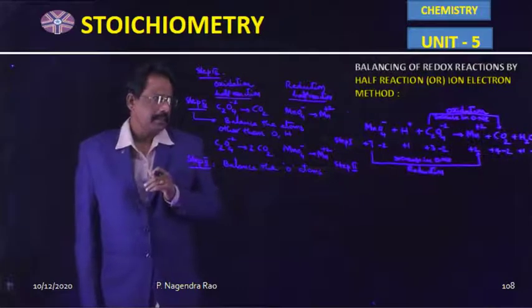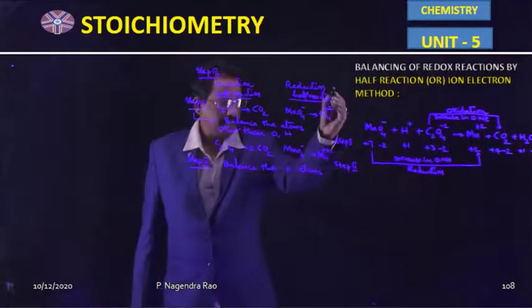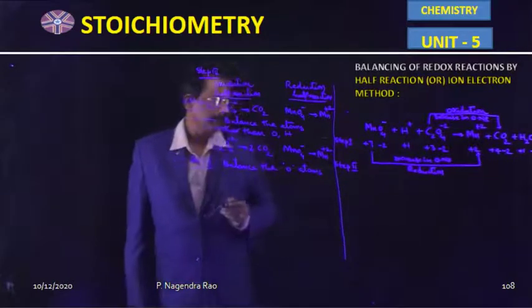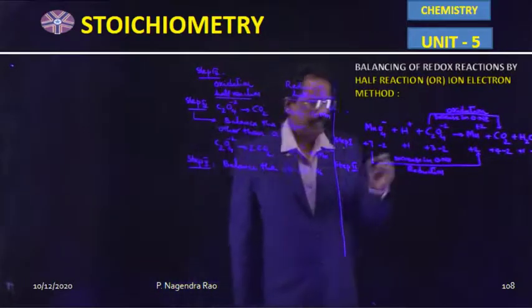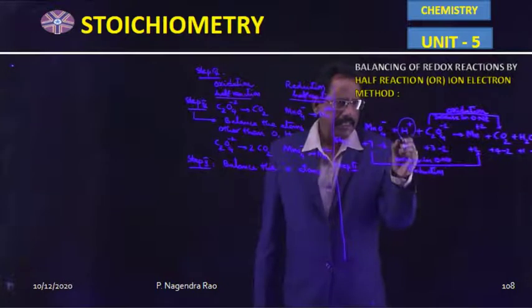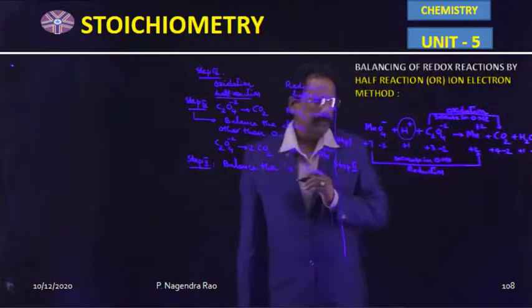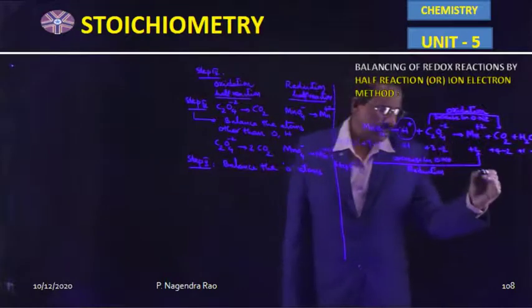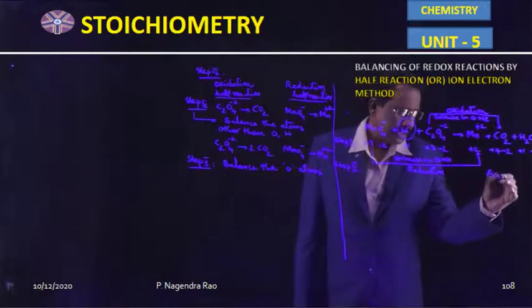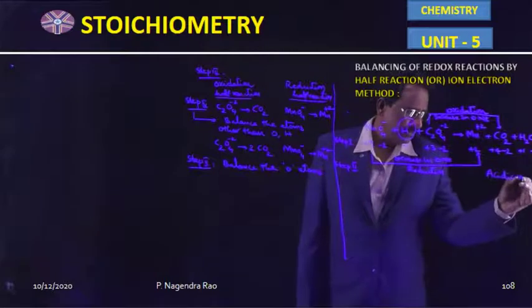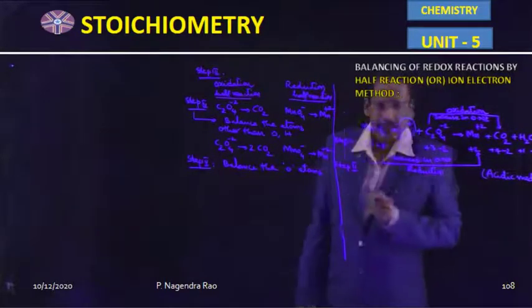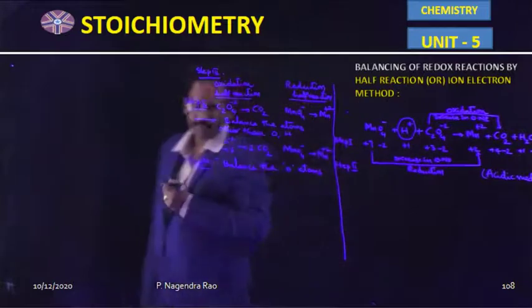Here the reaction takes place in acidic medium, because in the reactant side there are H plus ions. So this reaction takes place in acidic medium. That's why apply the rules in acidic medium.